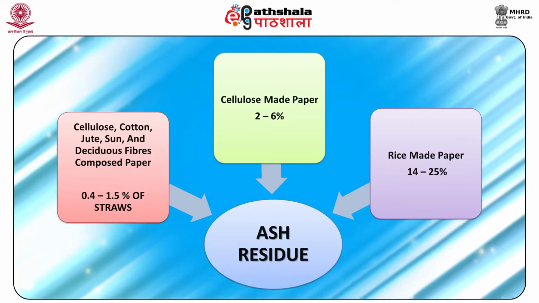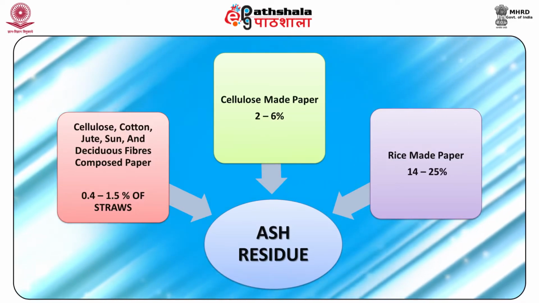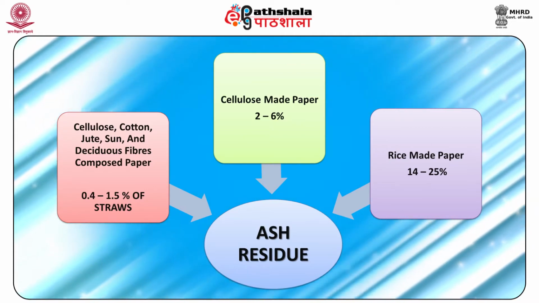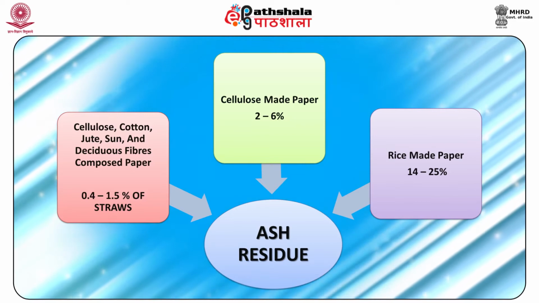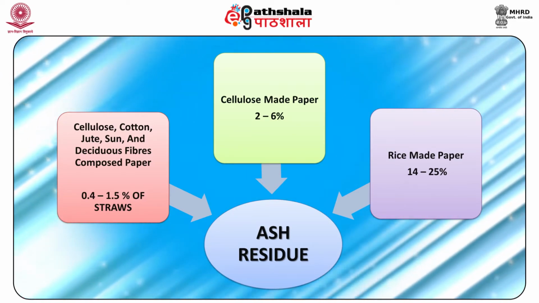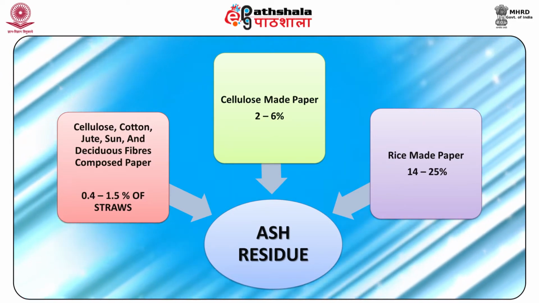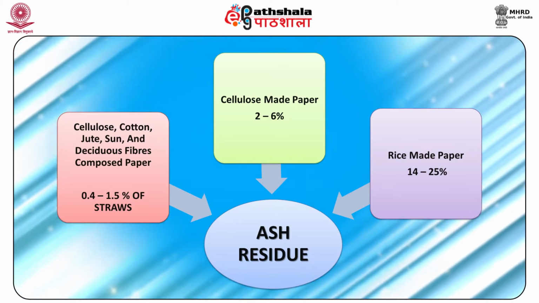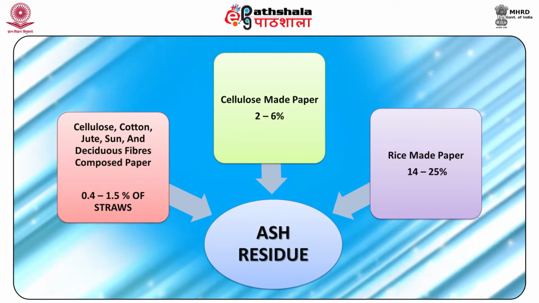Next is the ash residue, such as cellulose, cotton, jute, sunn, and dioecious fibers. Composed paper has an ash residue of 0.4 to 1.5%.